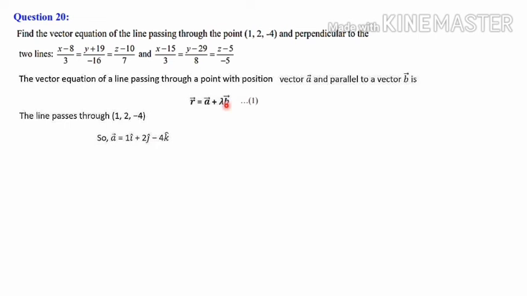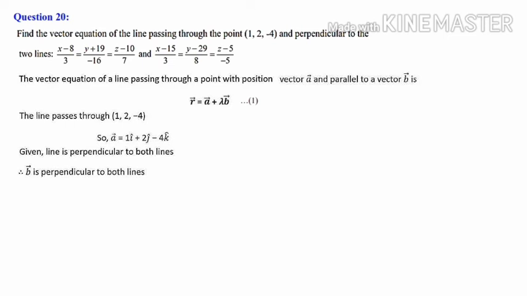Now we have to go for finding vector b. So for that, the given line is perpendicular to both the lines. This is the given condition. So the required line is perpendicular to this line and this line. So b, let's take this one as b because in the formula it is b. So vector b is perpendicular to both the lines.